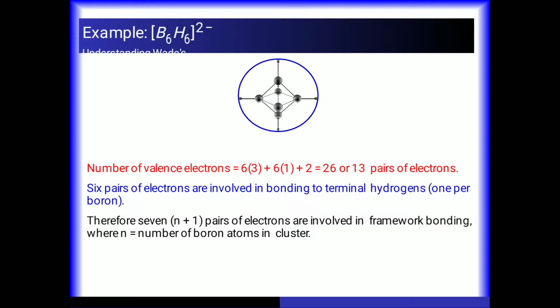Here the number of valence electrons is 6 times 3 plus 6 times 1 plus 2, which equals 26 electrons or 13 pairs of electrons. 6 pairs of electrons are involved in bonding to terminal hydrogen. Therefore, 7, that is n plus 1, pairs of electrons are involved in framework bonding, where n is equal to the number of boron atoms in the cluster.